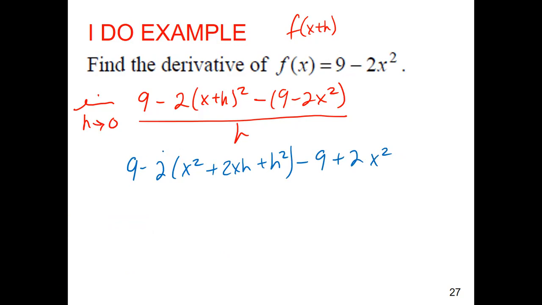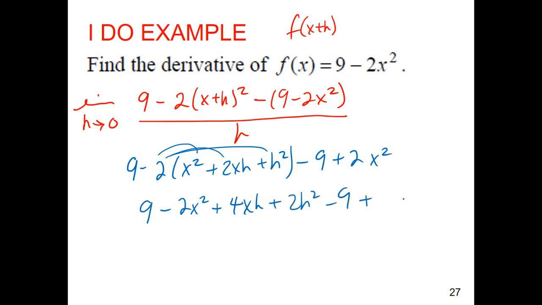Okay, I'm going to distribute. You get a 2, you get a 2, you get a 2. So we have 9 minus 2x squared plus 4xh plus 2h squared minus 9 plus 2x squared.